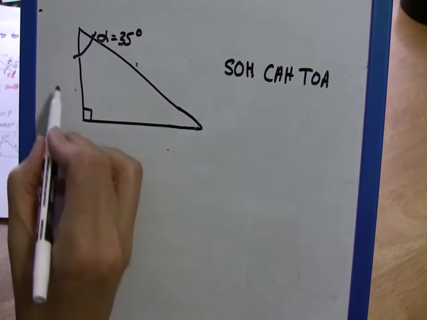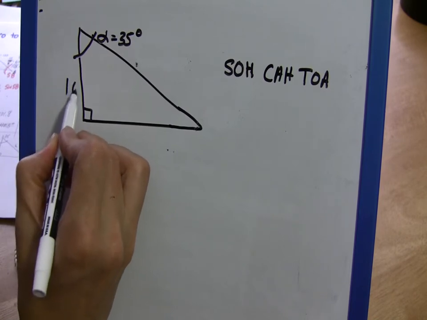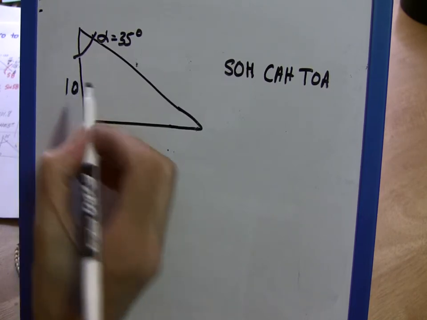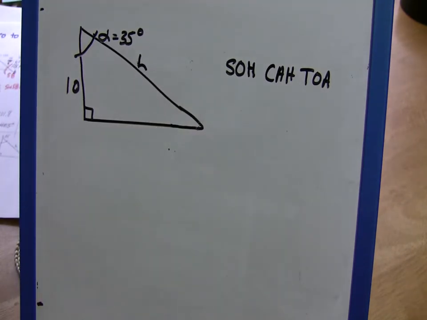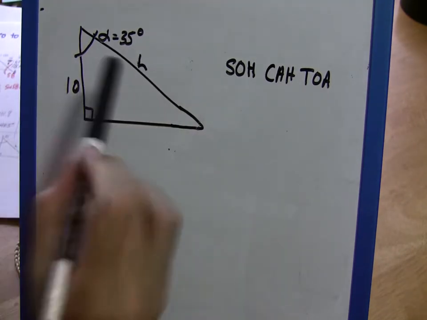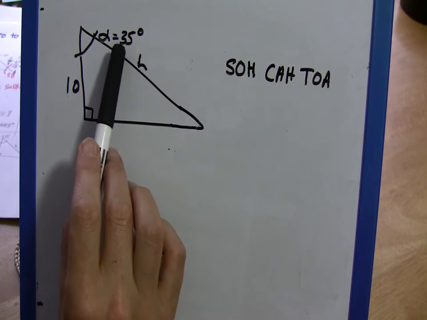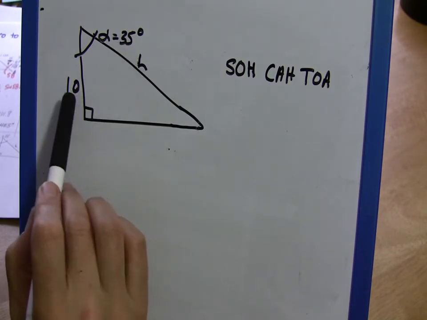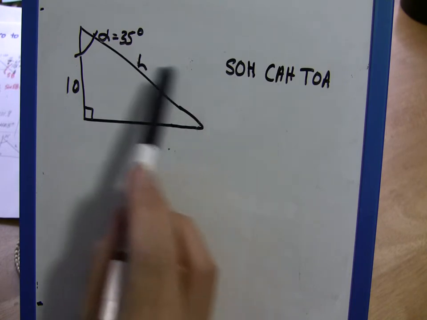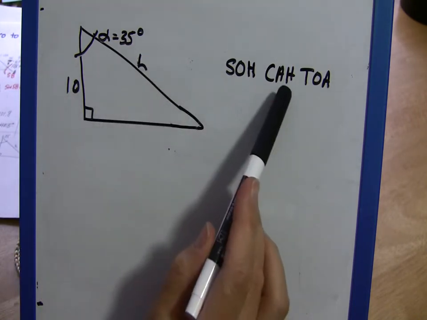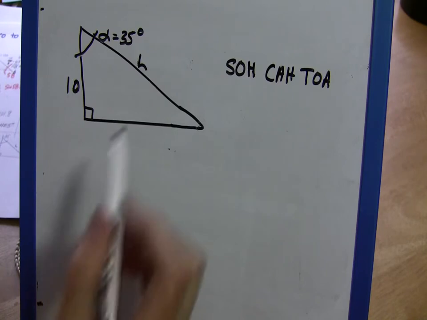We're also given that this leg is 10 units, whatever that is, and this is going to be our hypotenuse. So we want to solve for h here. We're given an angle, and we're given an adjacent side. So it looks like cosine is going to work. Adjacent over hypotenuse, this is what we want to use.